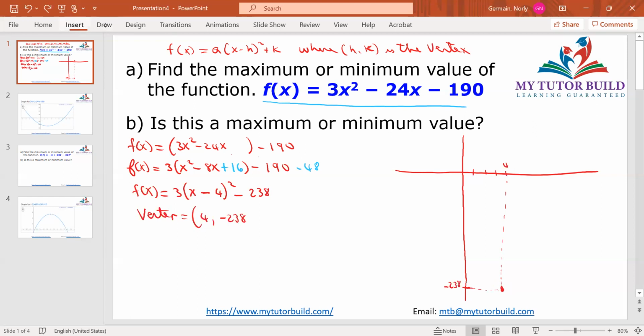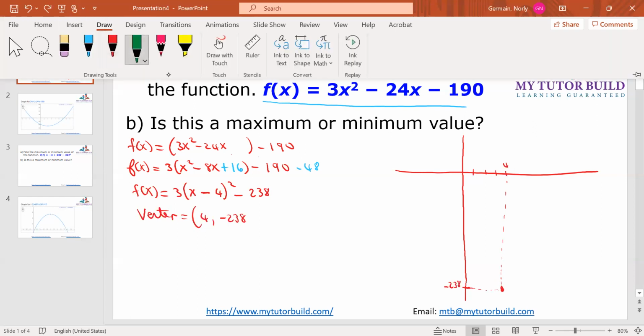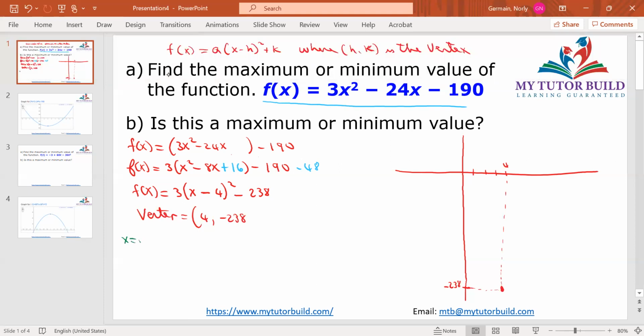The first intercept we can identify in this case, if we set x equal to 0, is the y-intercept. So f of 0 would be 3 times 0 squared minus 24 times 0 minus 190.